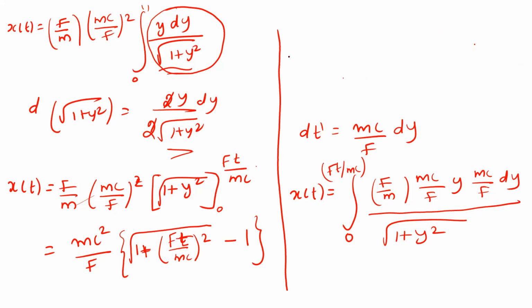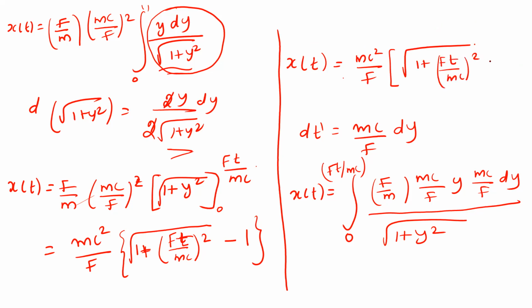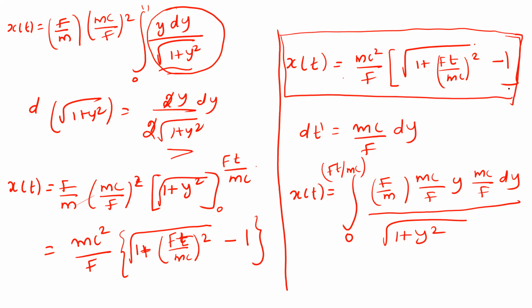We have got x of t of a particle under constant force: mc square divided by f multiplied by square root of 1 plus ft by mc square minus 1. That's the answer. This can be asked in the exam, right? Because in one question the velocity was asked. Now they can ask the position.